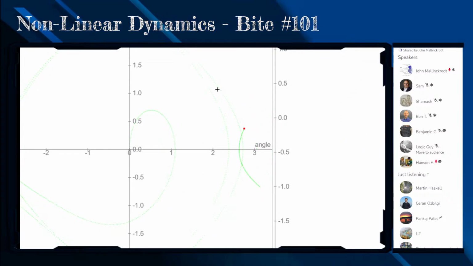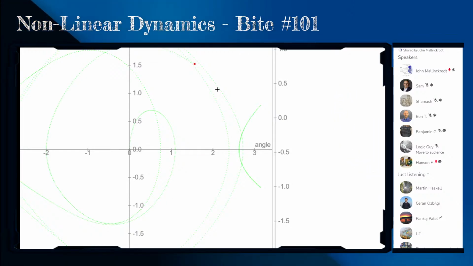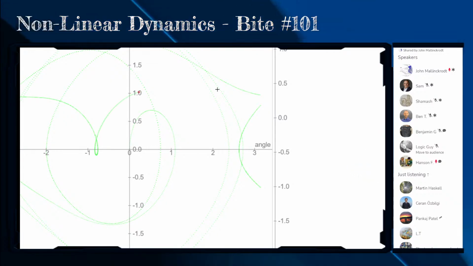Because it turns out that the restoring force on a pendulum depends on the sine of the angle by which it's displaced from its minimum point. And that sine is a nonlinear function, which makes the pendulum inherently nonlinear.